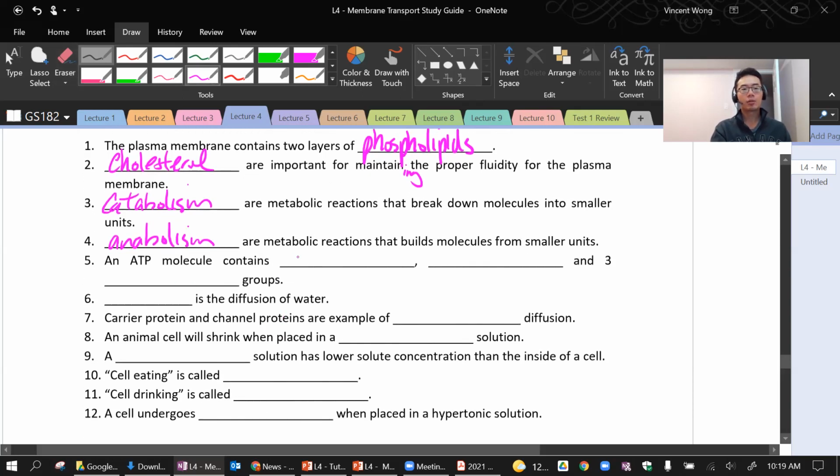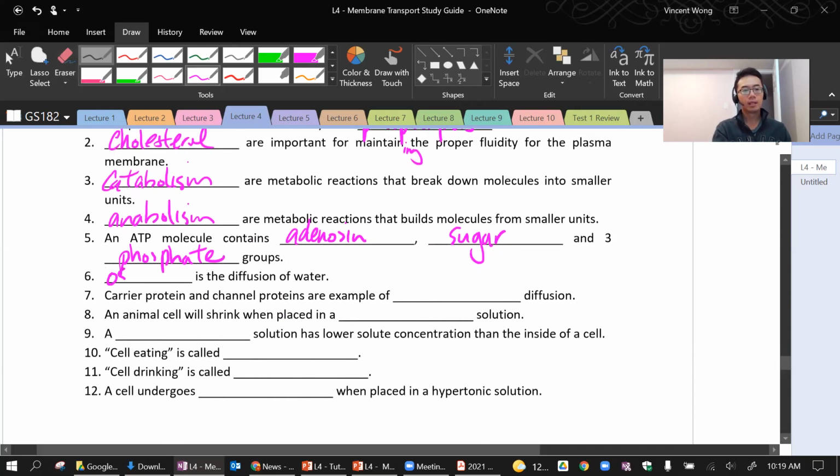An ATP molecule contains adenosine, sugar, and a 3-phosphate group. Osmosis is the diffusion of water.